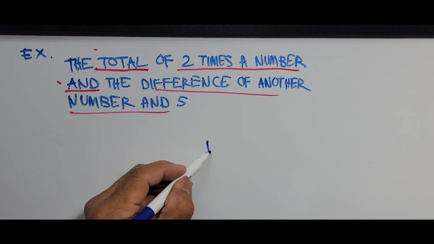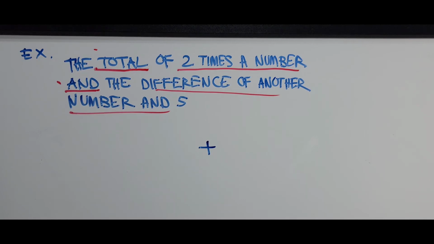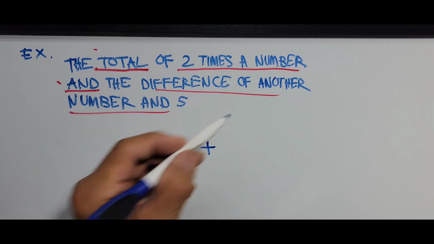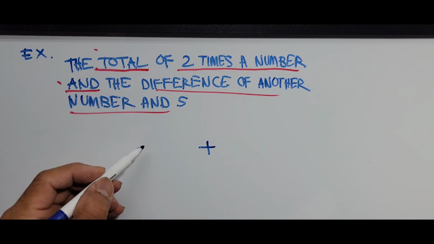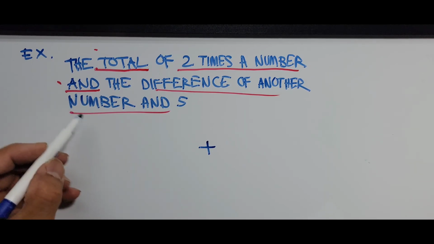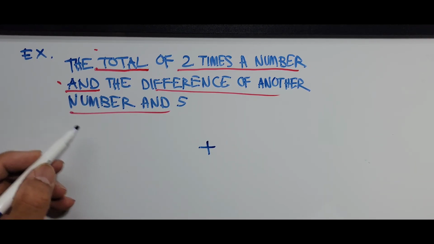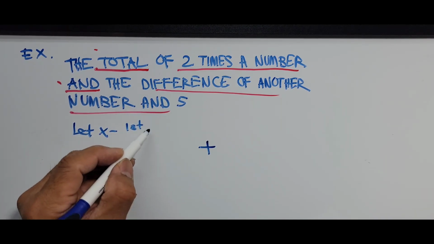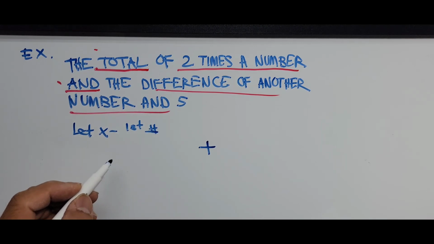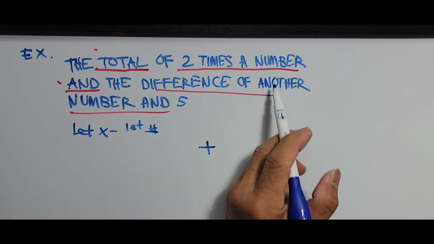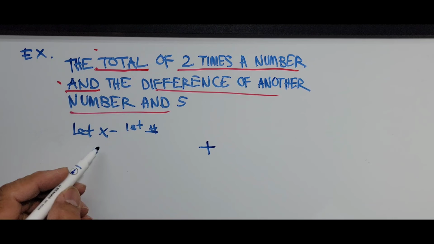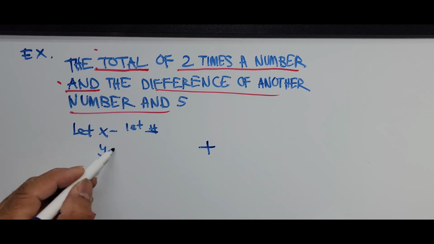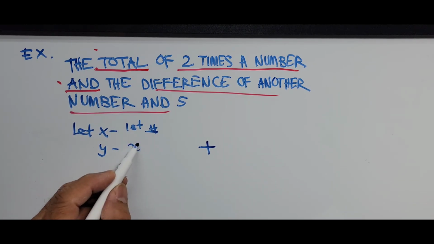So 2 times the number, how would you write that down? Let x be the first number. Since it says another number, you have 2 variables, so let y be the second number.